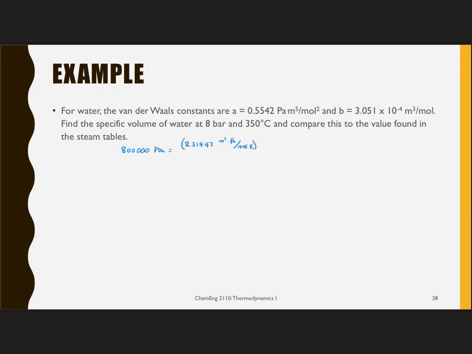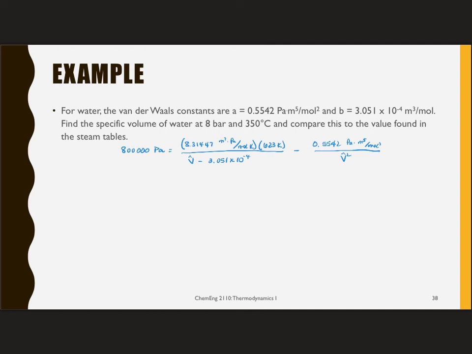That's R. T is 350 plus 273, or 623 Kelvin, divided by V minus B, 3.051 times 10 to the minus fourth. That's going to give me meters cubed per mole, minus 0.5542 Pascal meter to the fifth per mole squared, all over V squared.